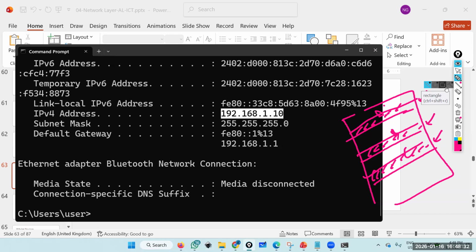This mechanism translates your public IP address to a private IP address when you receive a data packet, and when you're sending a data packet, your private IP address is converted to the public IP address. That is called network address translation. Right?